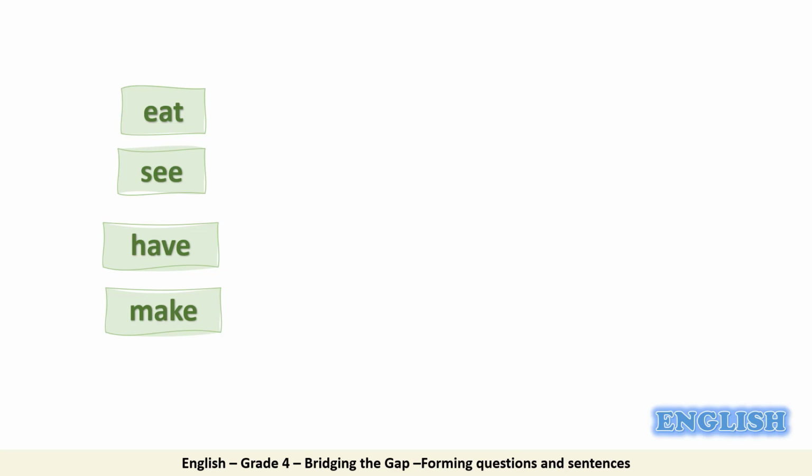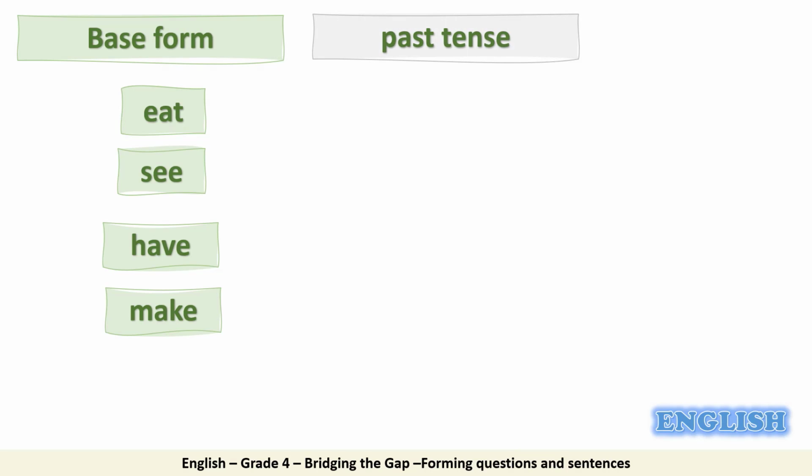Repeat after me. Eat, see, have, and make. All these verbs are in the base form. Let's change them into the past tense form. Now eat becomes ate. See becomes saw.